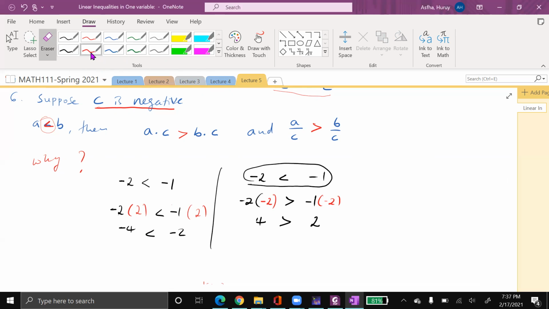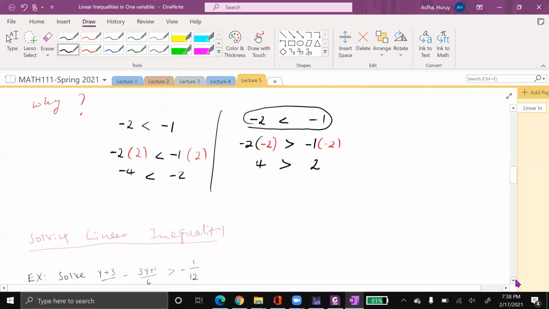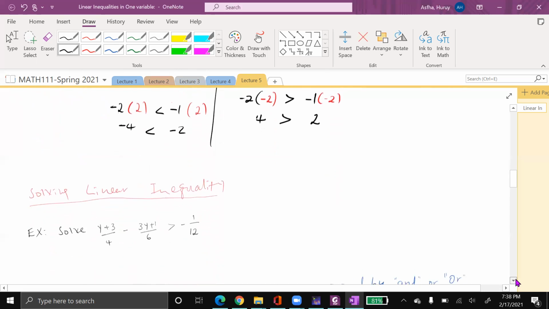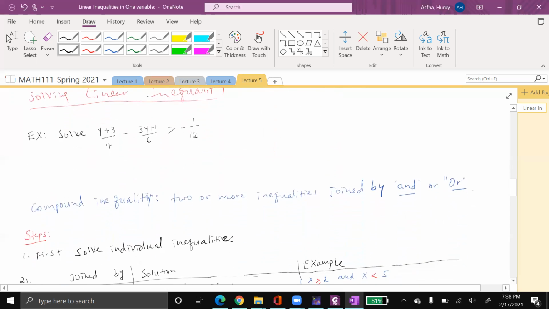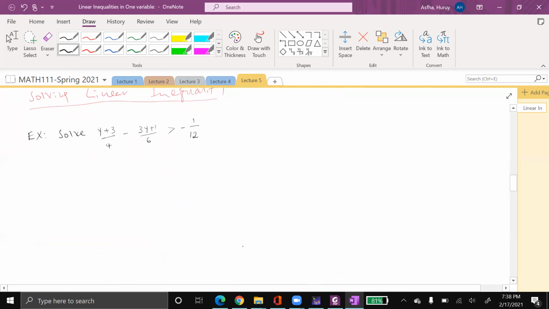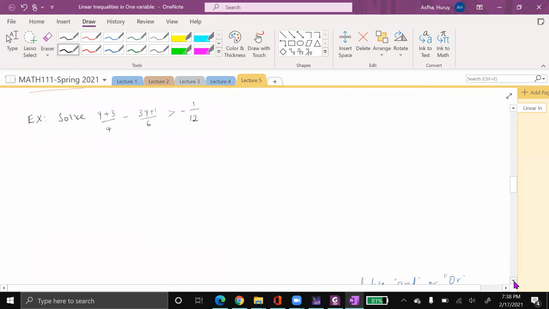All right. Now let's go to solving some linear inequalities. Now, suppose we have this example. And this example, as you can see, involves some fractions.